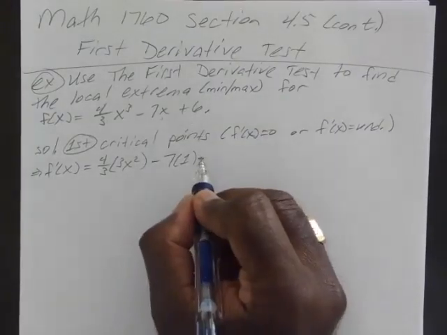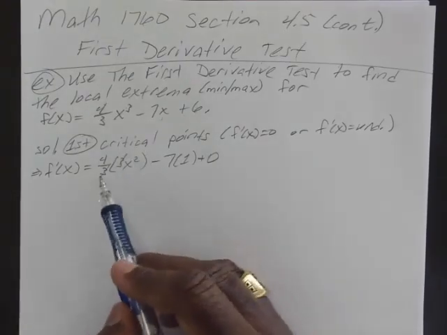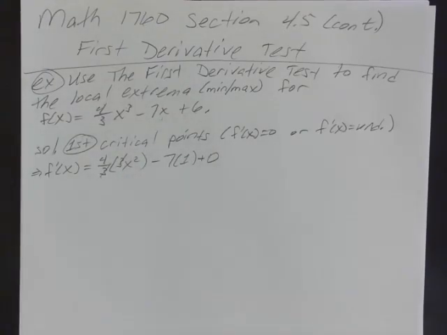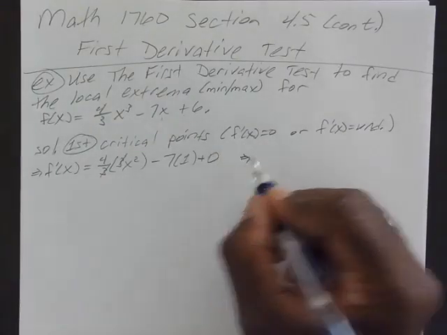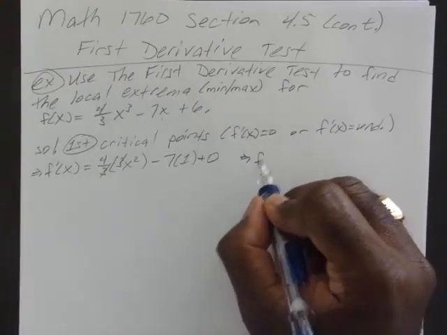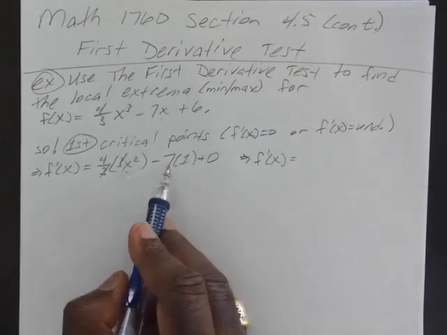You don't have to put the 0, but I'll do it anyway. Okay, so these two 3's cancel each other out. So that means that our derivative f prime of x is equal to 4x squared minus 7.